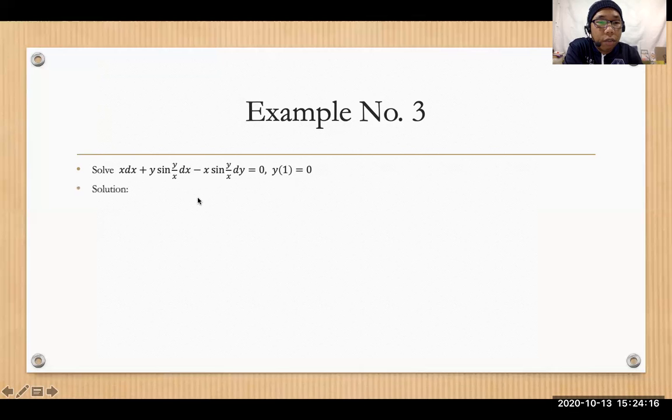So if you're going to arrange this equation, ayan, since common yung dx dito, inayos ko lang para makita mo. Nasa form siya na M dx plus N dy. Okay, so what I did here, I factored out dx. So you can see x plus y sine of y over x.